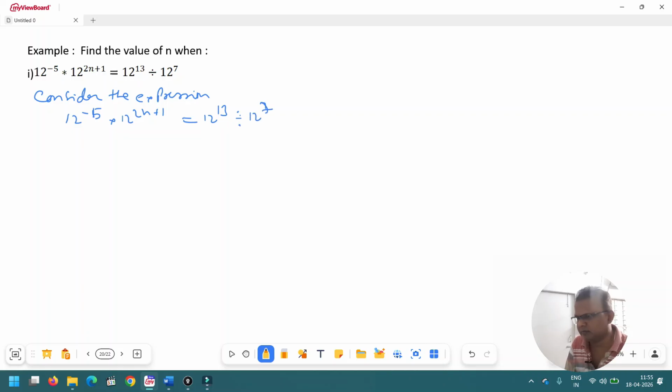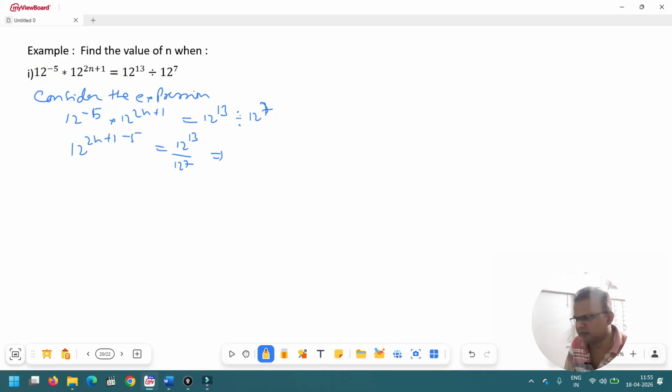That is 12 power 2n plus 1 plus 1 minus 5 is equal to 12 power 13 by 12 power 7.